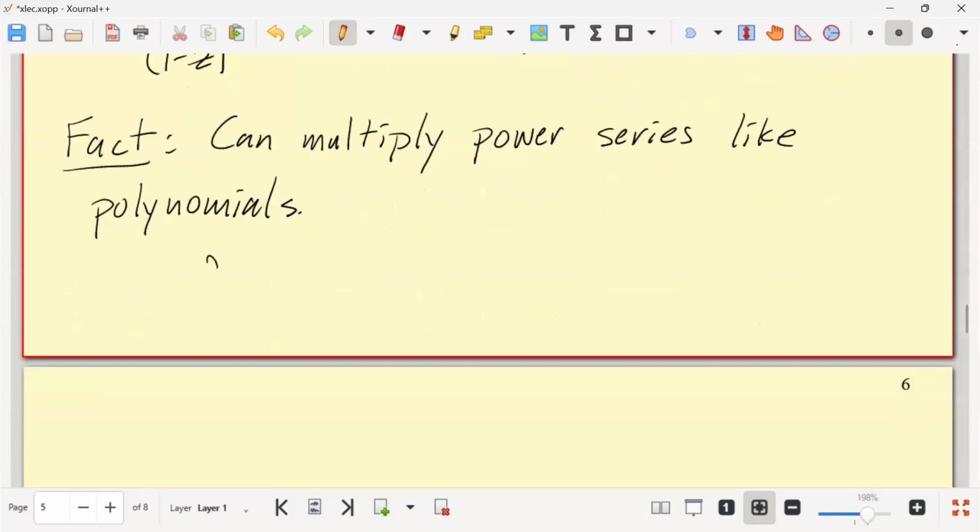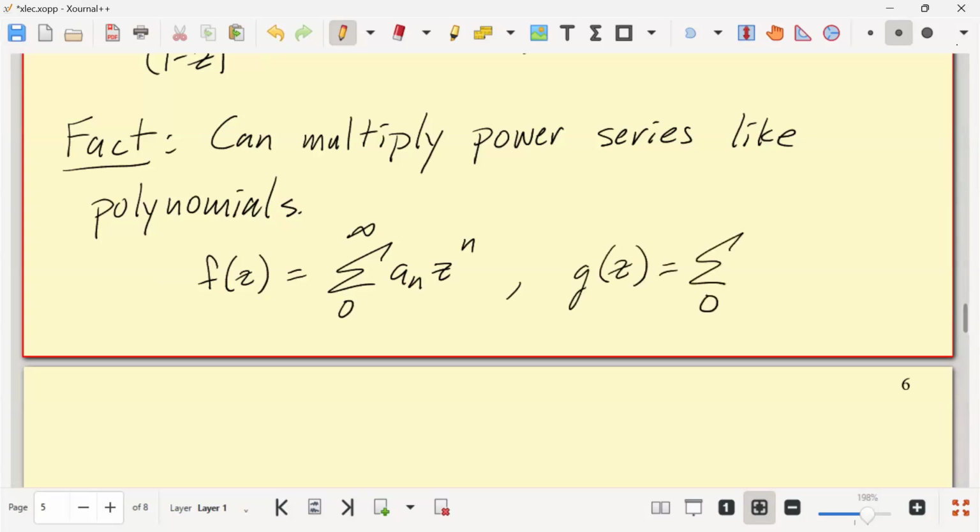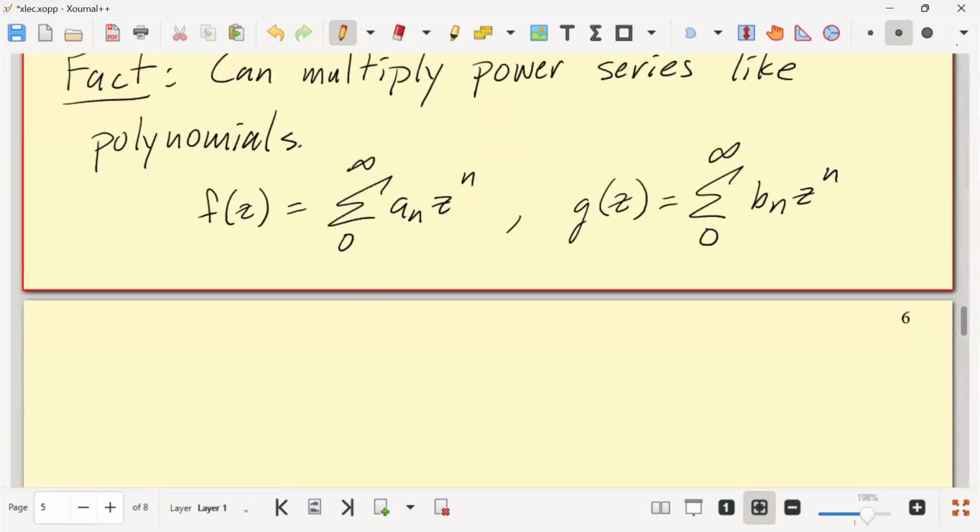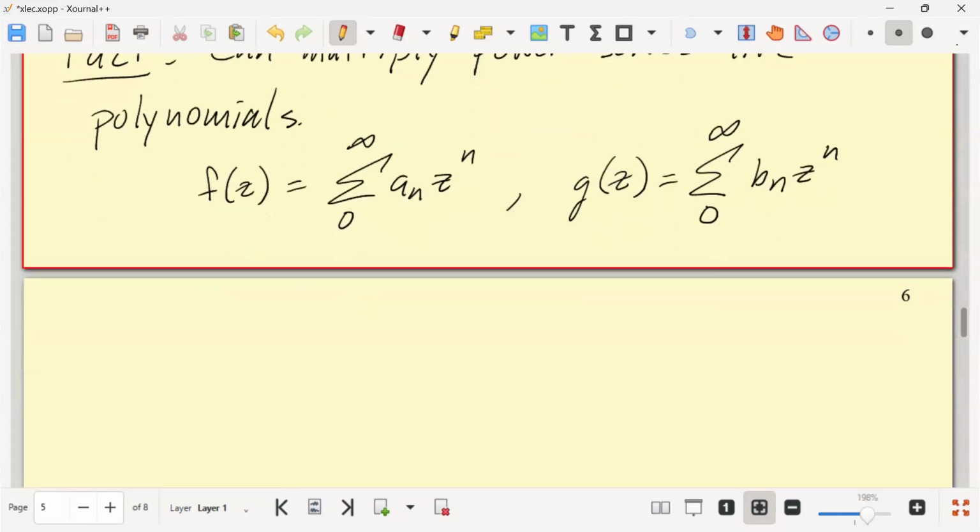Let's suppose f of z is a summation of a_n z^n. Let's take the power series centered at the origin, just to make it easy. And g of z would be a sum of b_n z^n. And let's let h of z equal the product of those things.